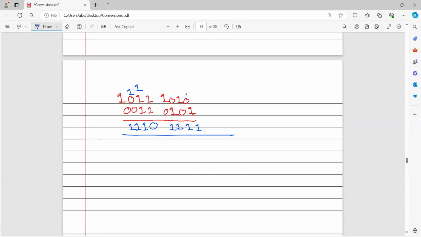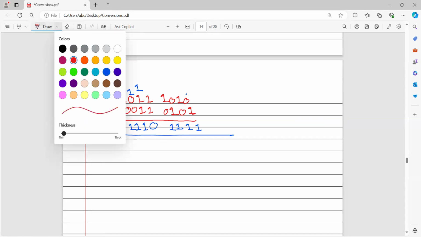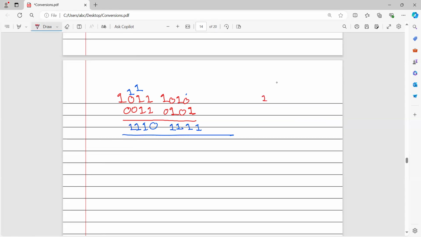Yes. Now for example, if this is a question, how are you going to solve it? Can you just tell me the final answer for this? Yes.